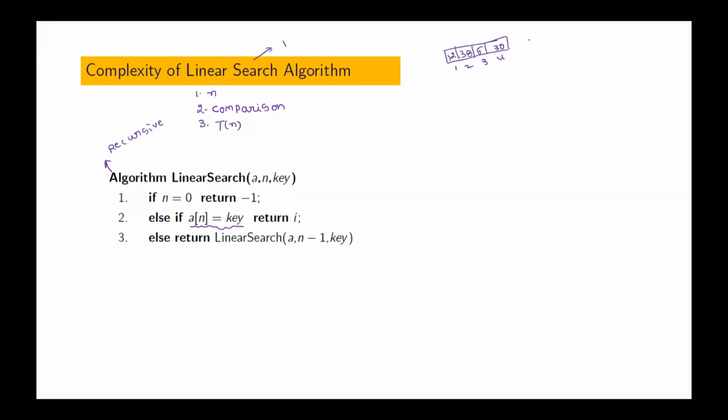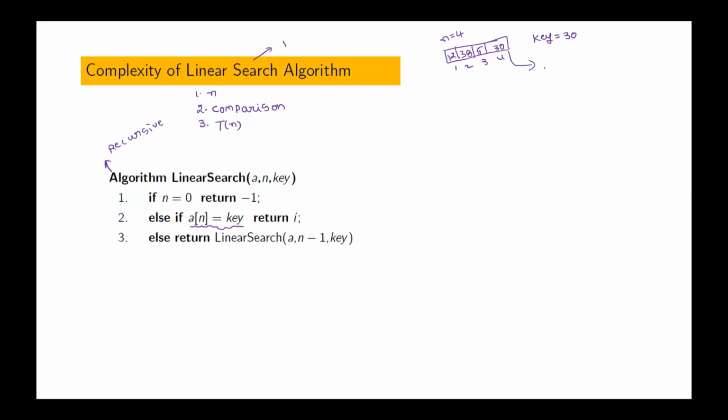In this case, our key is 30 and n equals 4. How many times is the operation A of n equal to key performed? How many times is it checked?